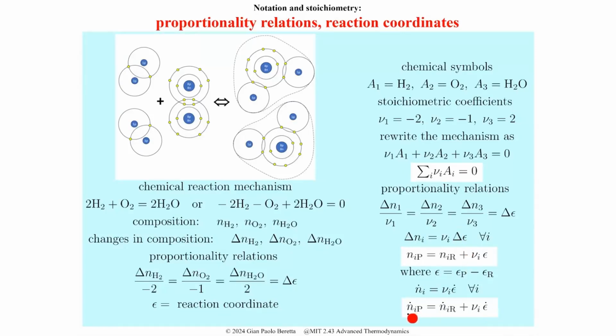And so you find that the difference between the rate at which the products and the reactants come out and in is related to this rate of change of the reaction coordinate, which somehow is related to the reaction rate or rates.